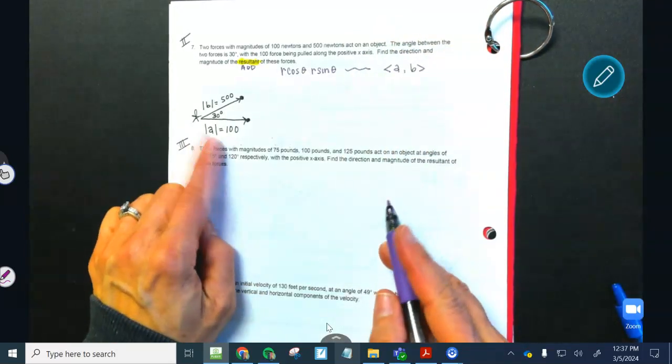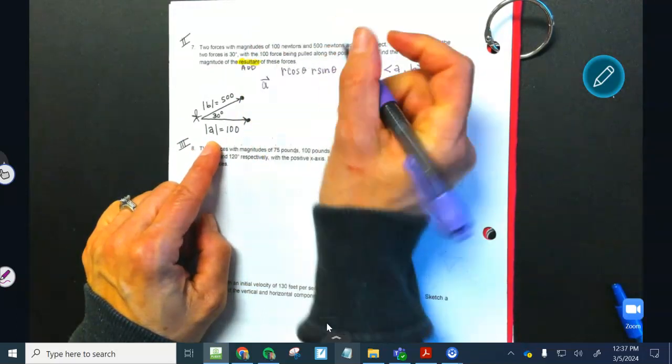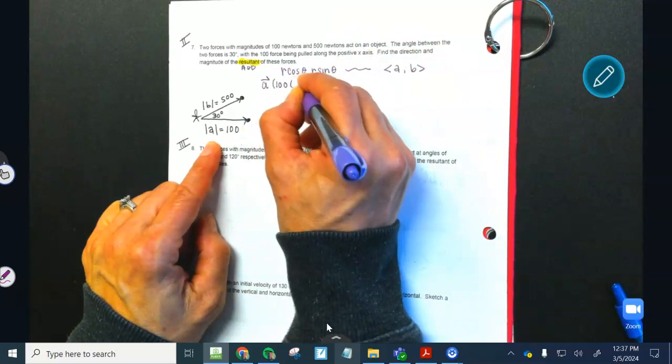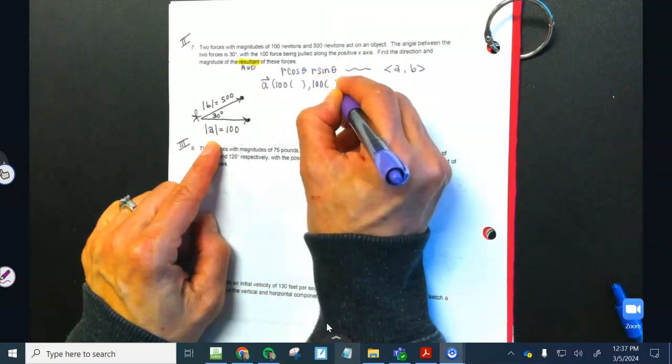All right, so let me start with vector A. Vector A has a magnitude of 100. It's going to be 100 times cosine and 100 times sine.